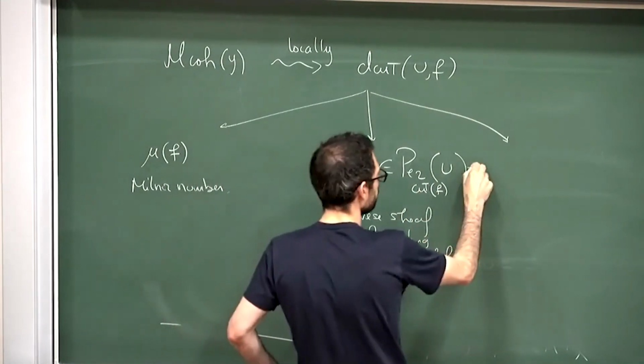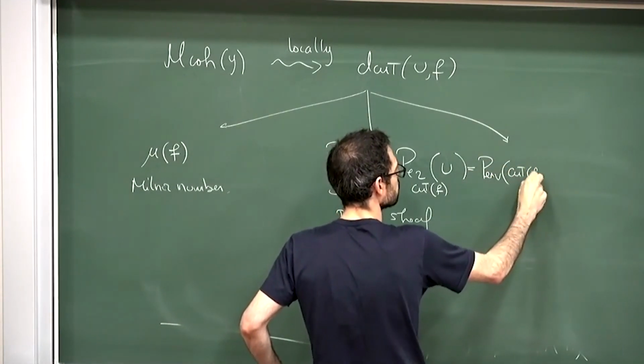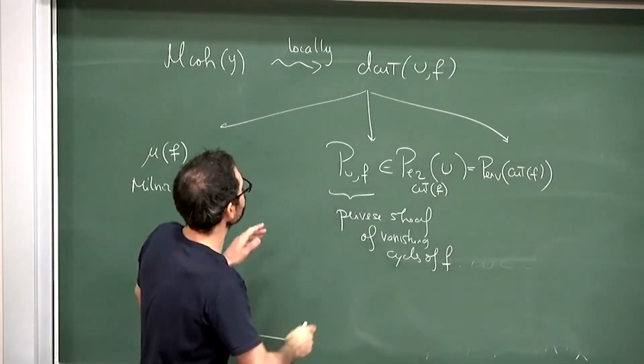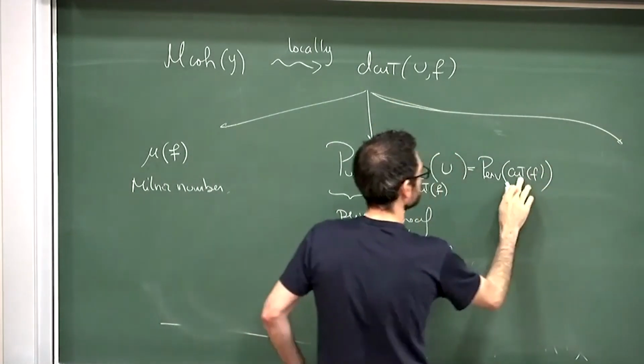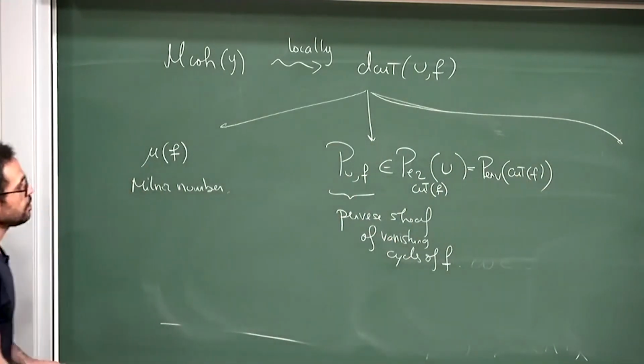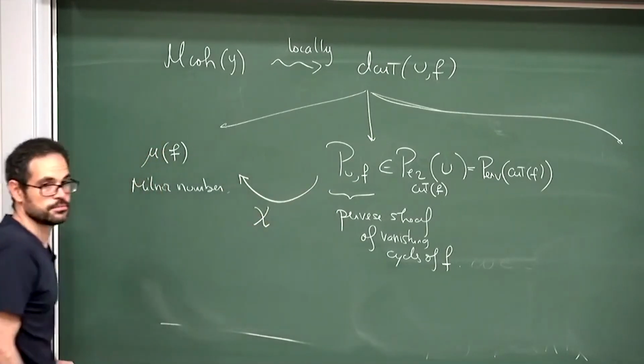So by Kashiwara's theorem, this is the same thing as a perverse sheaf on the critical locus, which means that it actually does not depend on the ambient space. It only depends on the underlying critical locus. And the way to pass from one to the other is, of course, by taking the Euler characteristic.